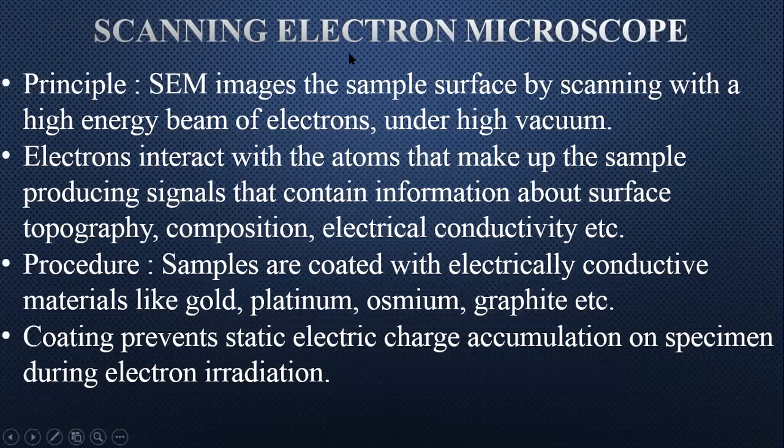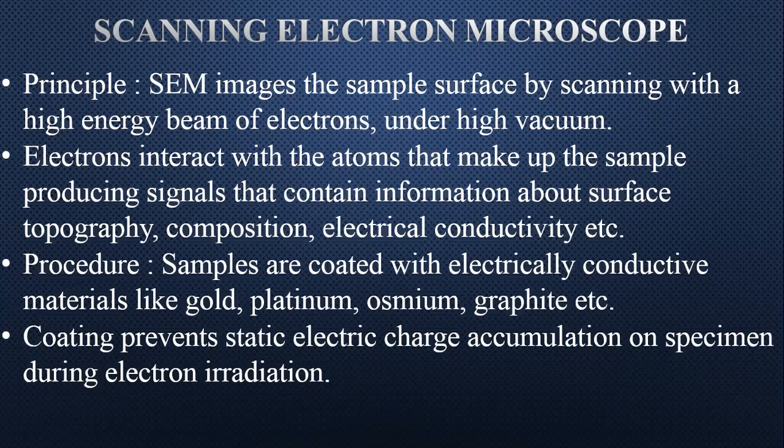In the scanning electron microscope, the principle is that it images the sample surface by scanning with a high energy beam of electrons, as we already discussed in the previous slide, under high vacuum.